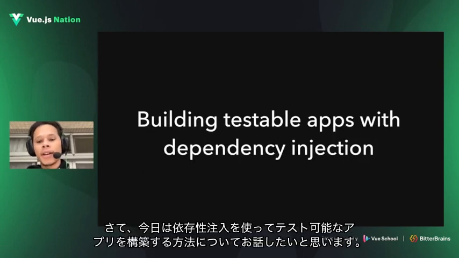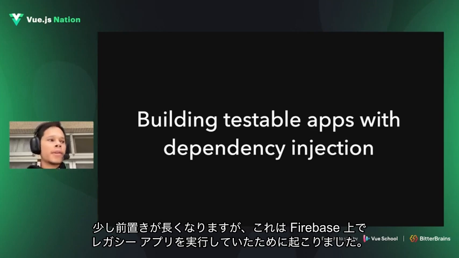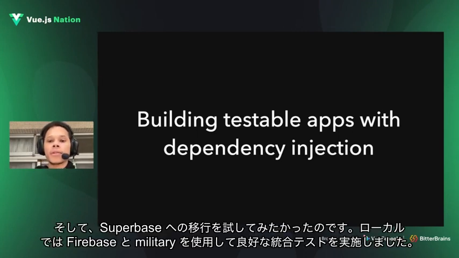All right, today I want to talk about how to build testable apps with dependency injection. Here's a little bit of story beforehand. This happened to me because I had a legacy app running on Firebase, and I wanted to migrate to Supabase.